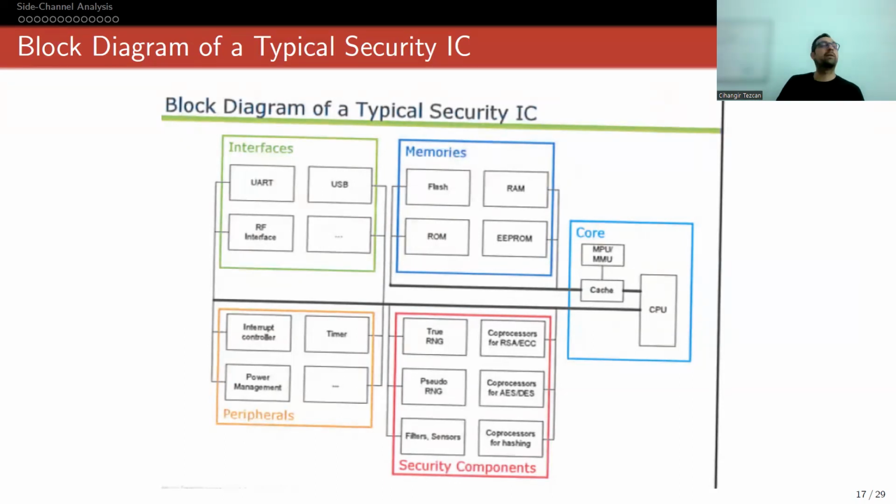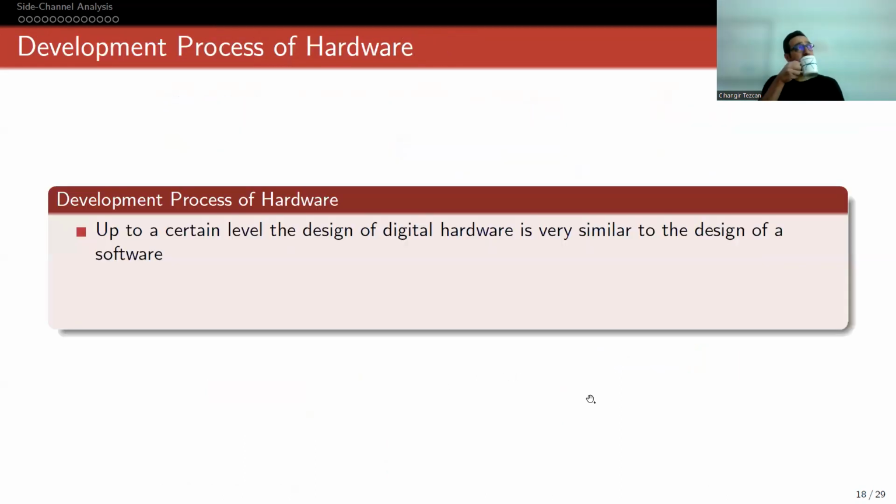As we mentioned before, when we talked about the MIFARE Classic smart card, you sometimes need a random number generator because most of the time you need a nonce. Here you have a coprocessor for algorithms like RSA, ECC, public key algorithms, or symmetric key encryption algorithms like AES, DES. Filter, sensor, pseudo-random number generator, or coprocessor for hashing. So this is actually a typical block diagram of a security IC.